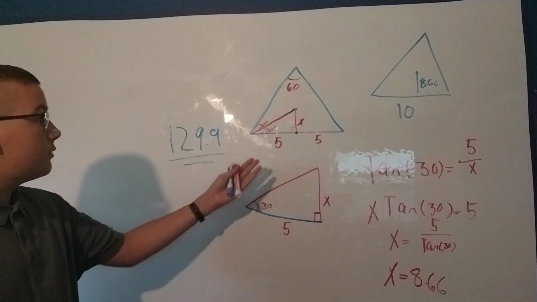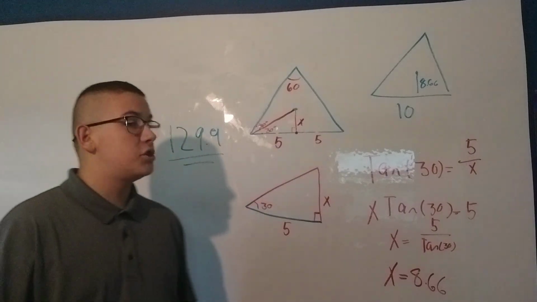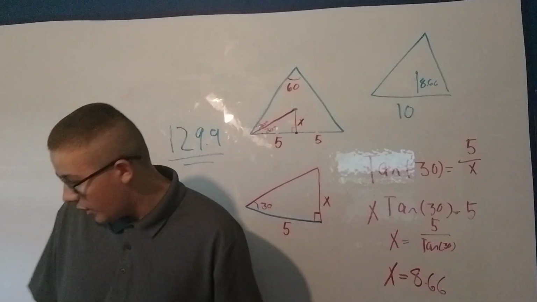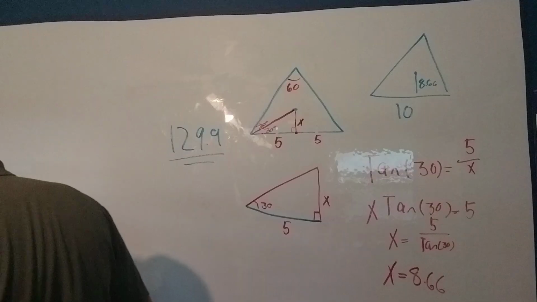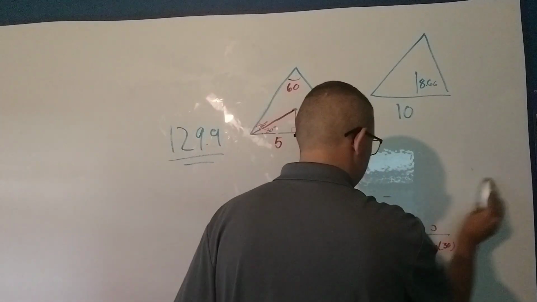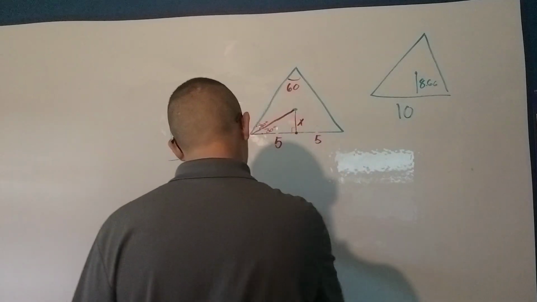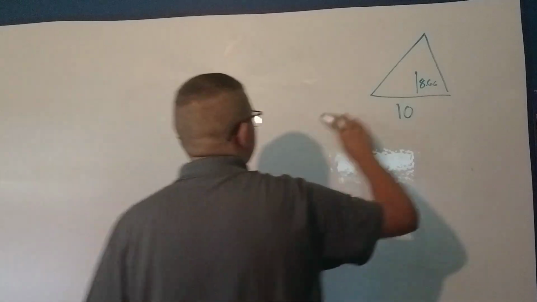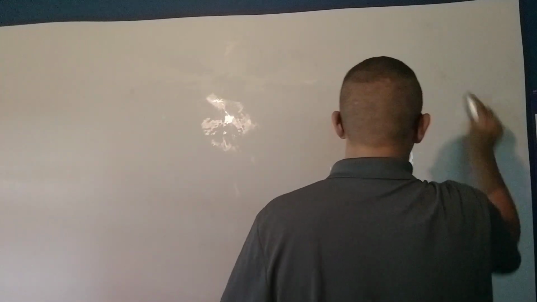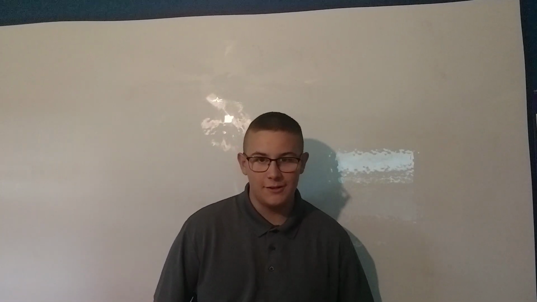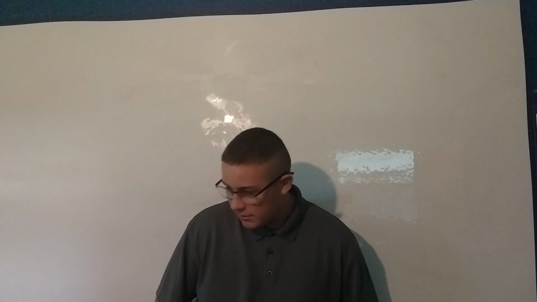But that's how you would do it. You just have to use general intuition and solve for all the other values with what you already know. So let's go through and do a couple more examples. I know this looks pretty scary, and you just got to work with it a little bit.